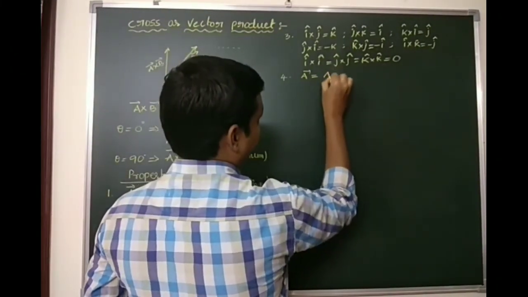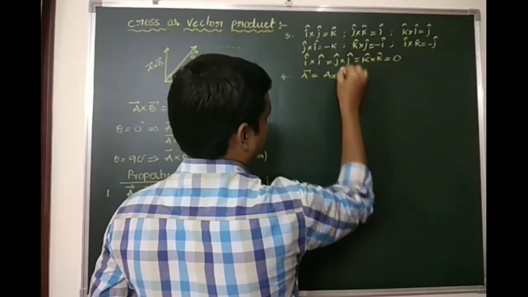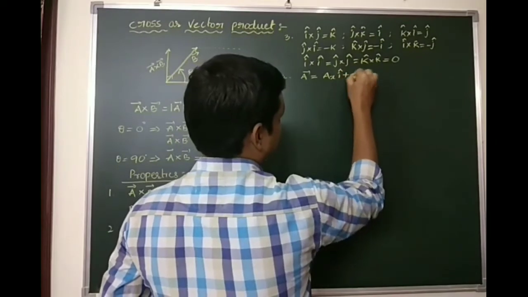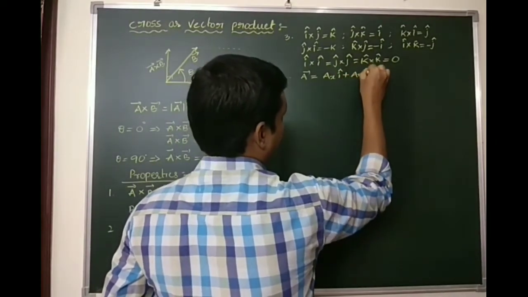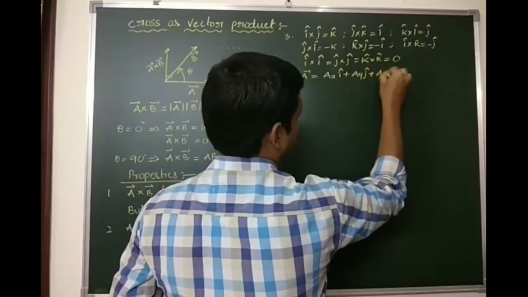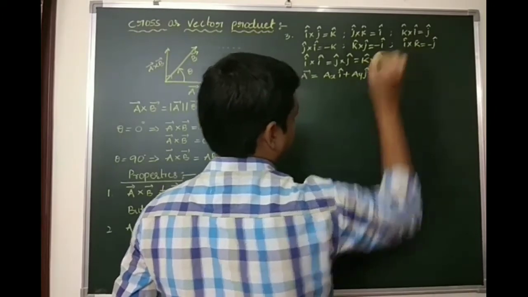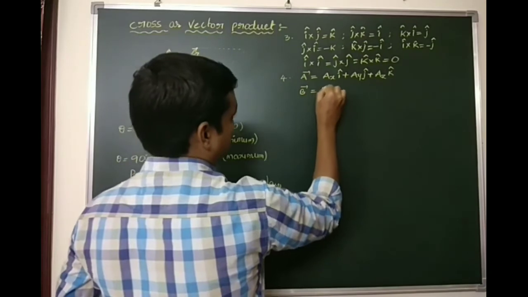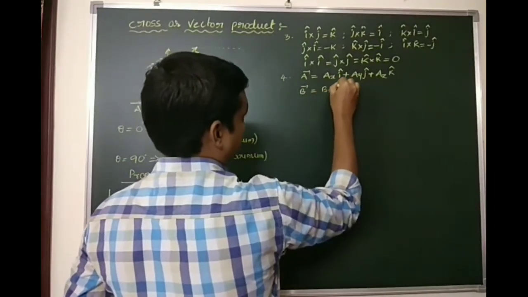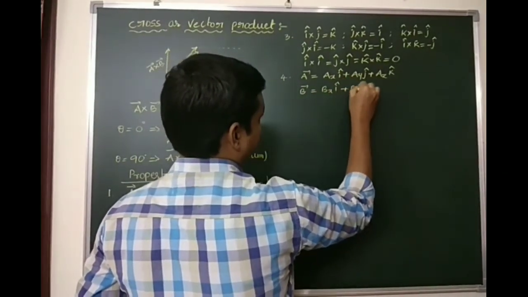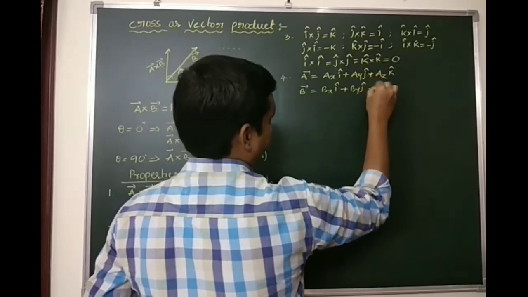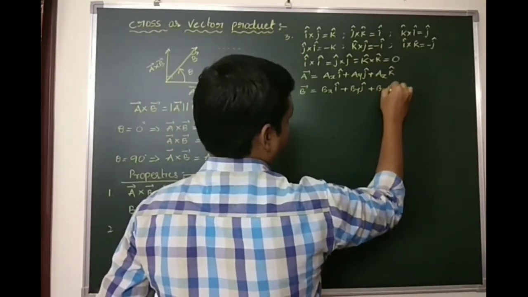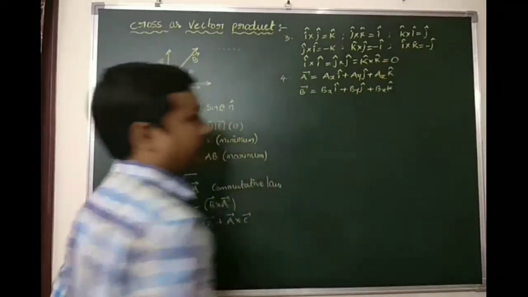A equals Ax I cap plus Ay J cap plus Az K cap. B equals Bx I cap plus By J cap plus Bz K cap.